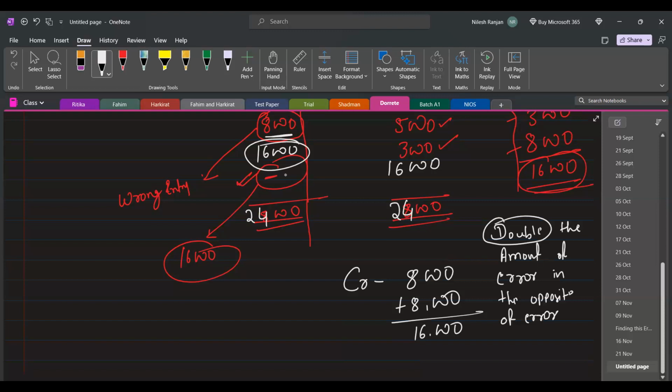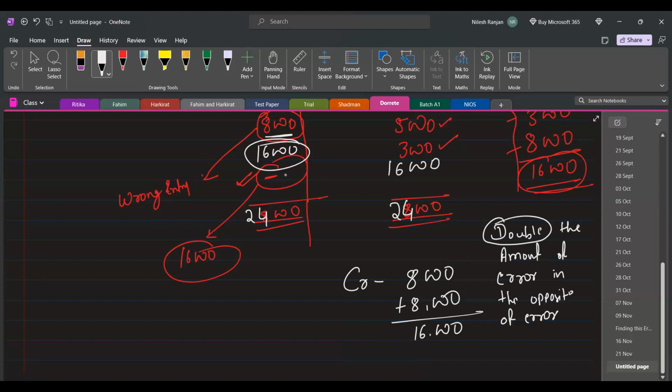So now you are getting the one-sided error, or is there still some confusion? I'm getting the one-sided errors. Okay, and the two-sided error you already understood. Yes, sir.